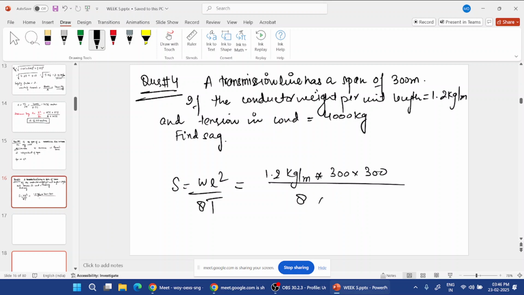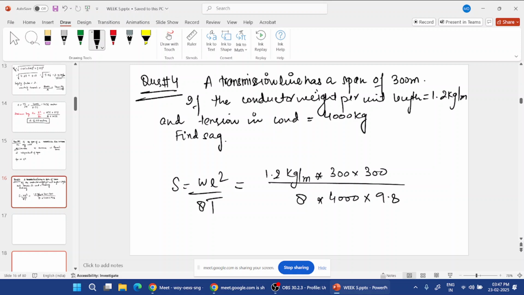Now 8 into T. What is the tension? So tension is the conductor weight because there is no air, so tension will depend upon the conductor weight, which is 4000 into g, which is 9.8.